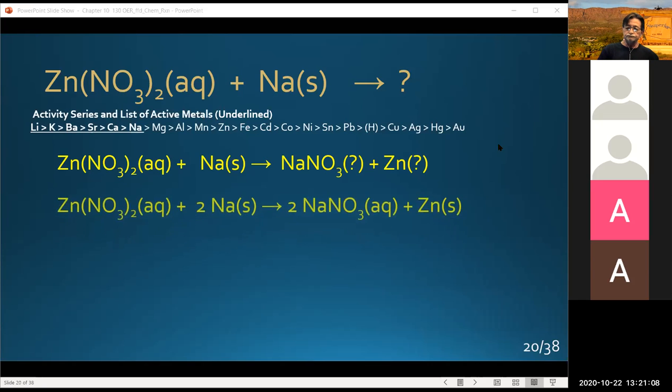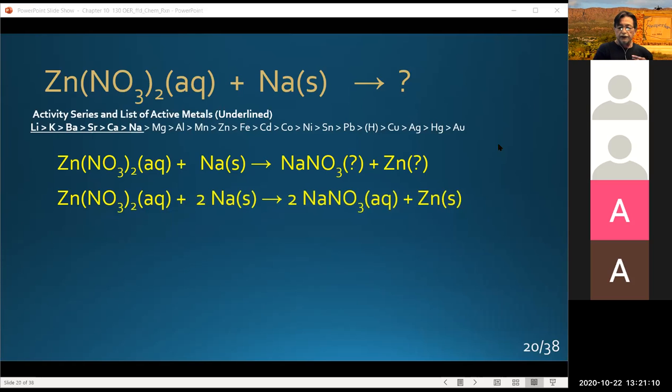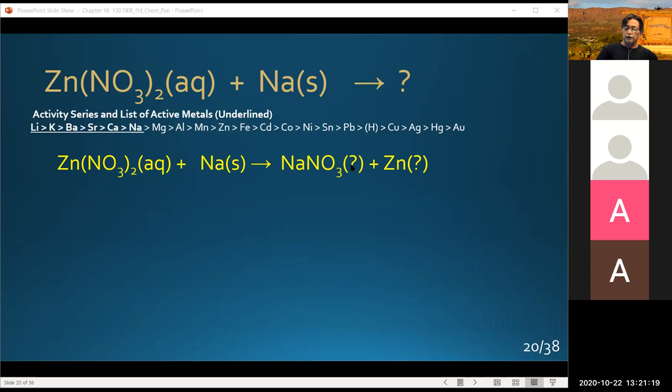Now we write the physical property. We had a question mark in parentheses on physical property right here. And the question is, well, what do we know? Is this going to be a solid, liquid, or gas? And that sends you to the solubility rules.